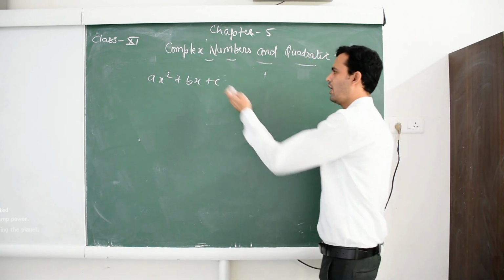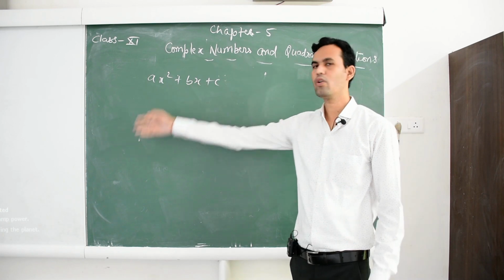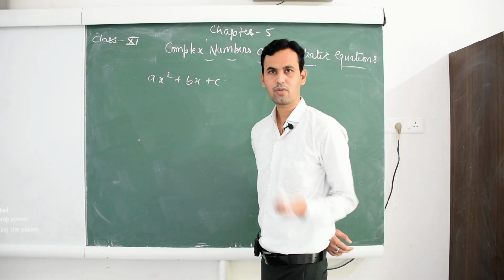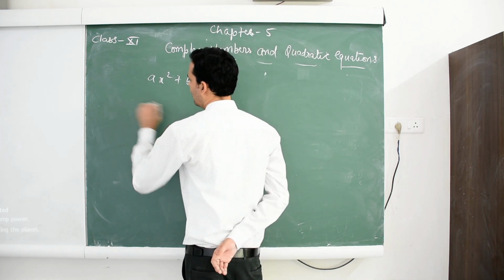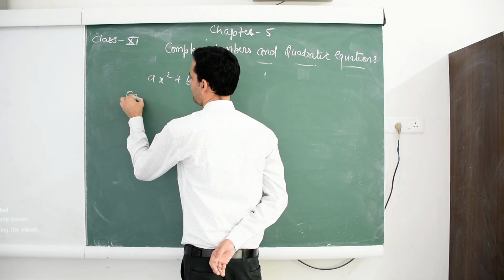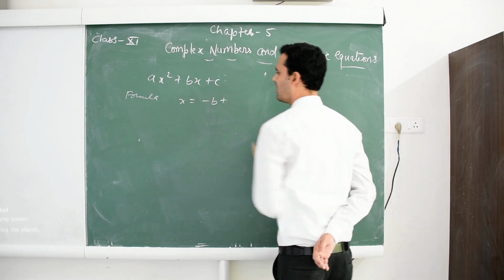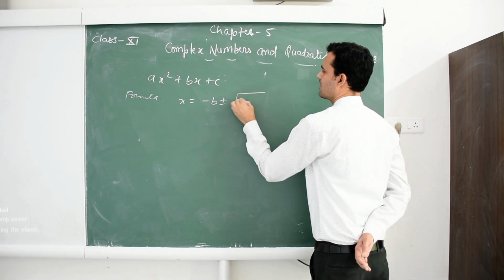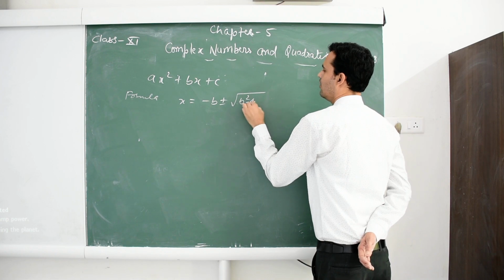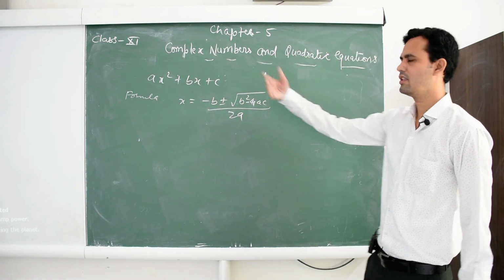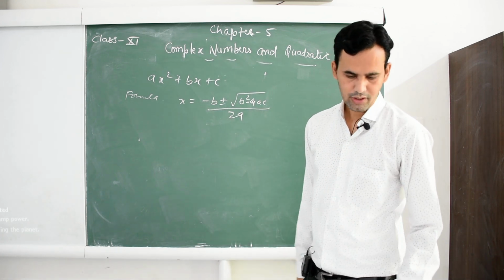We have to find the value of x, or roots, or zeros of this quadratic equation by the formula x equals minus b plus minus under root b square minus 4ac upon 2a. This formula we use in this exercise 5.3.